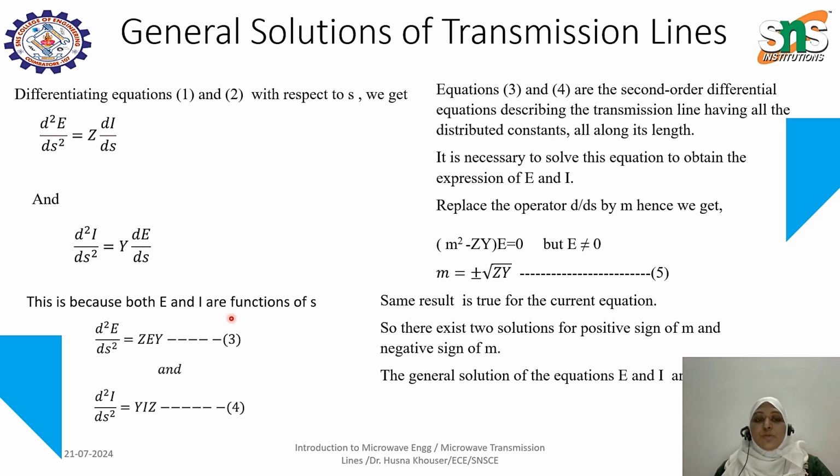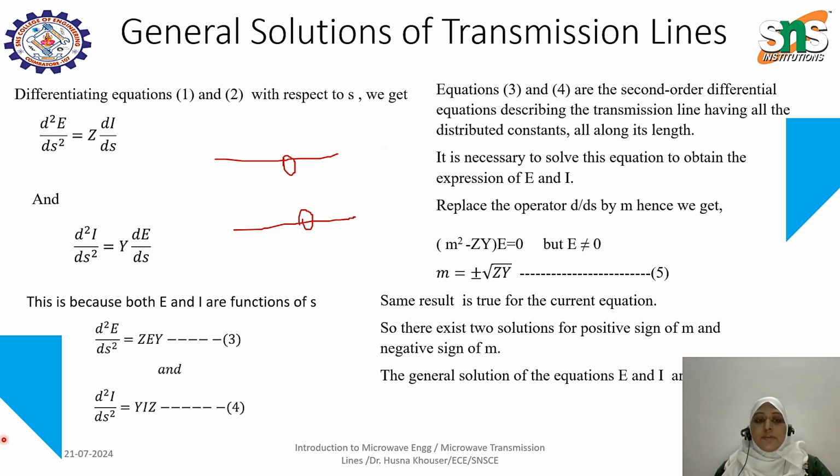Now for equations 3 and 4, again we go for the differential equation along the entire length of this line. For example, we consider an infinite line from one end to the other end, so we have to consider both end conditions. That's why we take the entire line along the line.